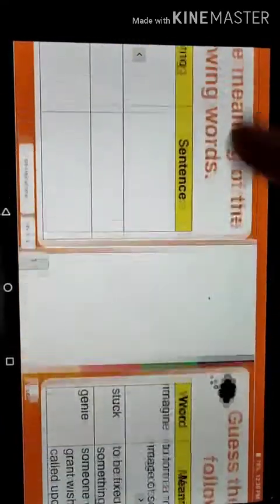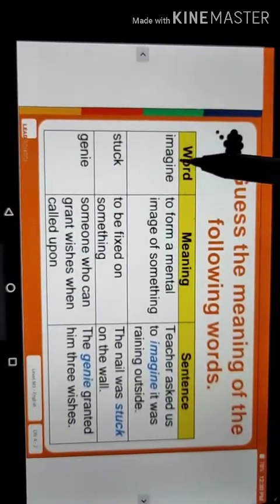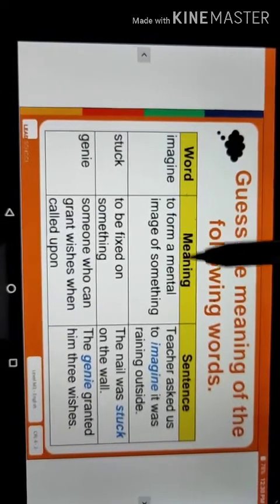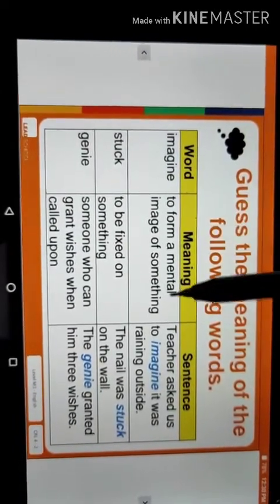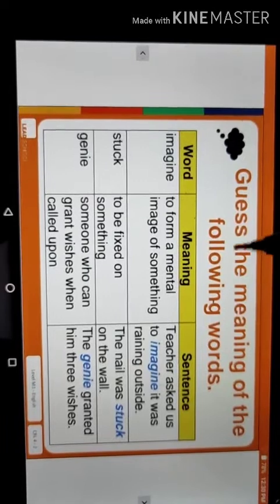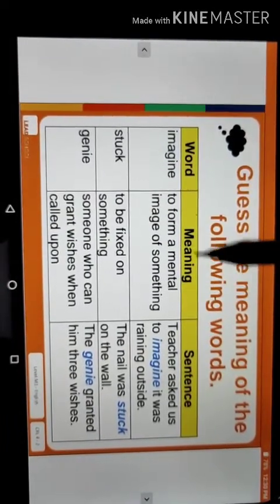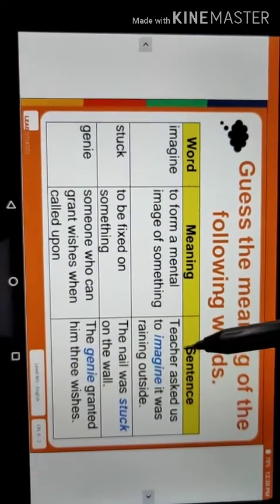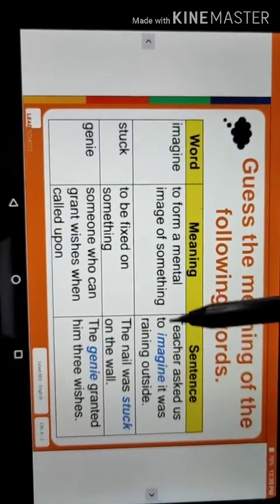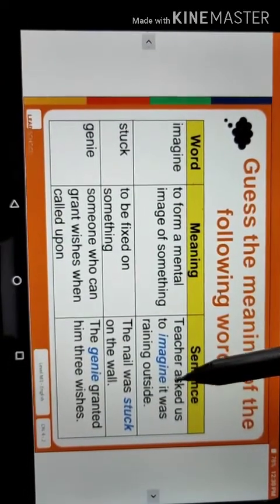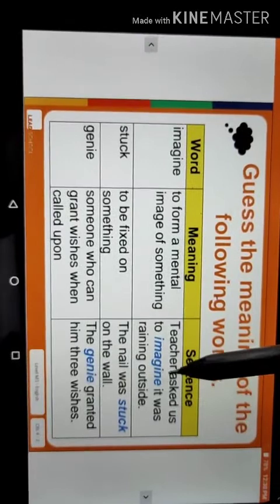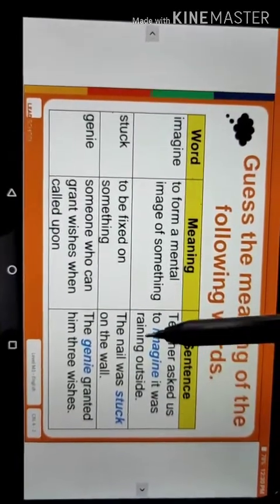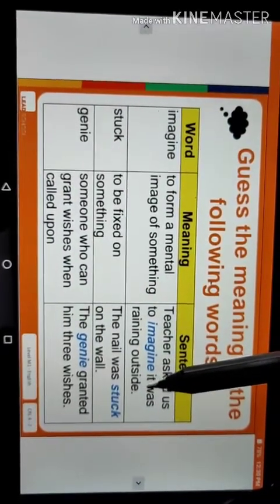Let's see the meaning. Imagine means to form a mental image of something, to visualize something. A sentence with imagine can be: the teacher asked us to imagine it was raining outside.